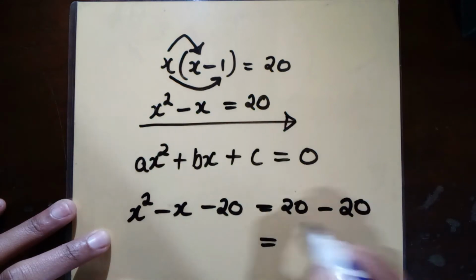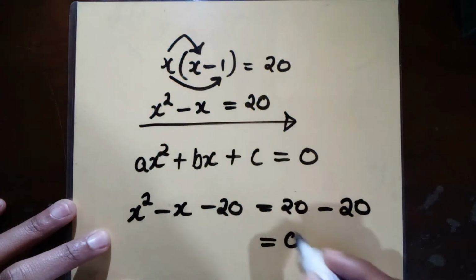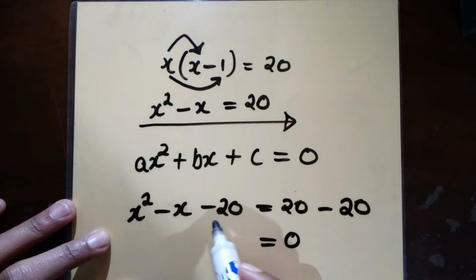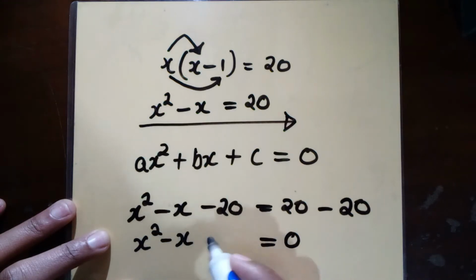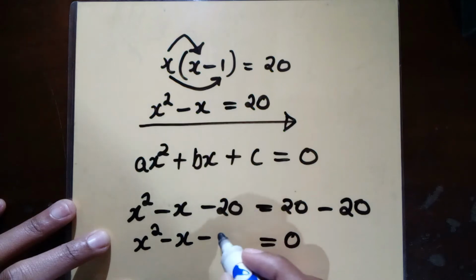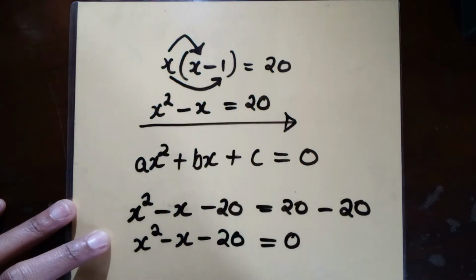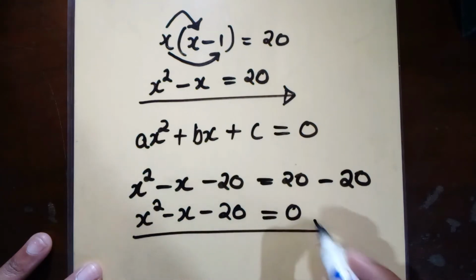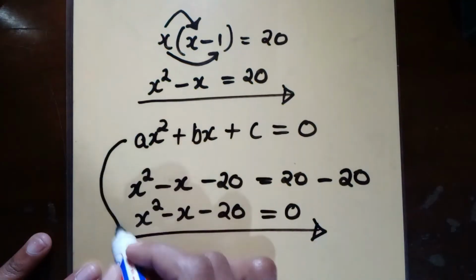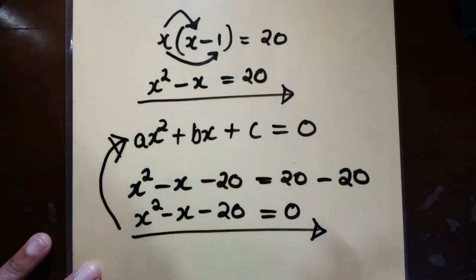And we know that 20 minus 20 is nothing but 0. And then on the left-hand side, we now have x squared minus x minus 20. Now you can clearly see that our equation is in the standard form of a quadratic equation.